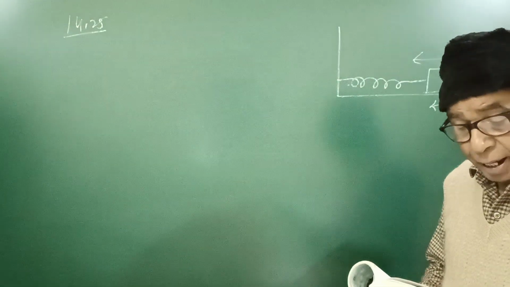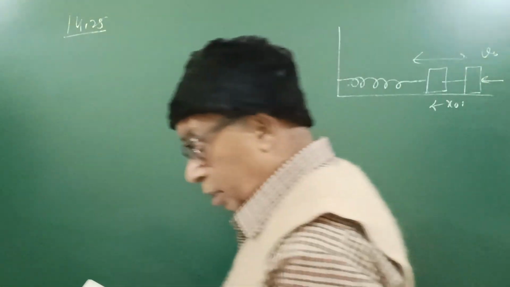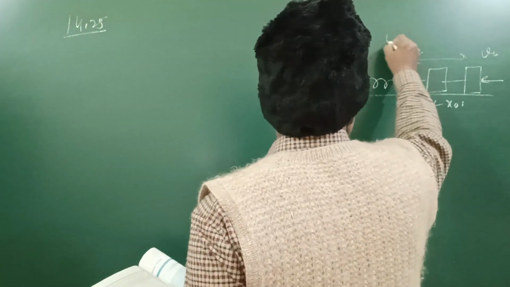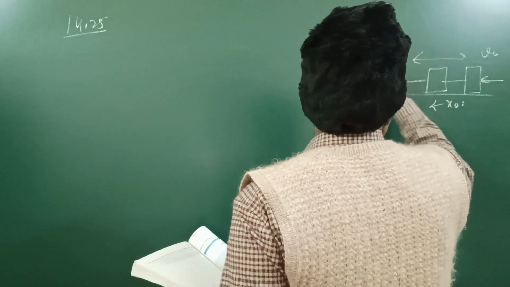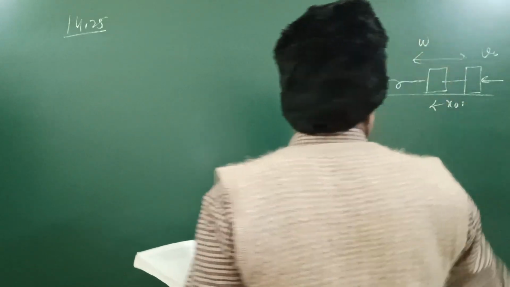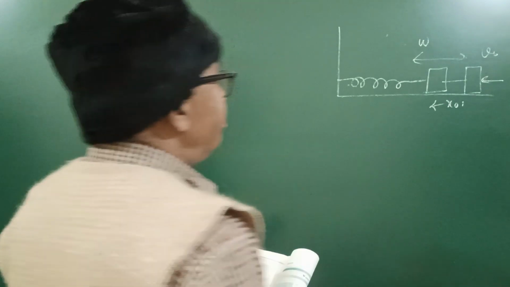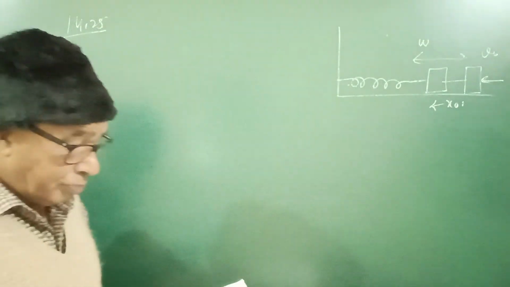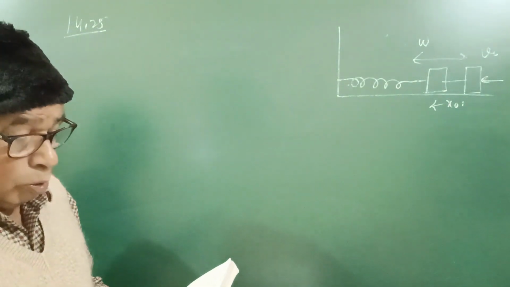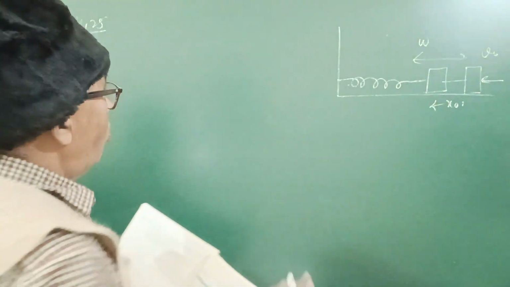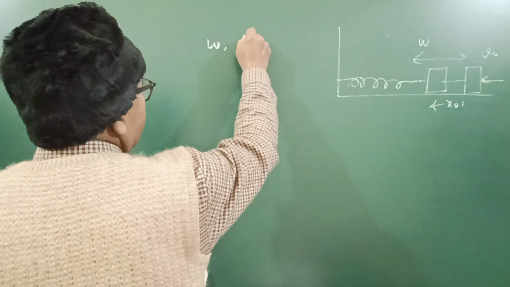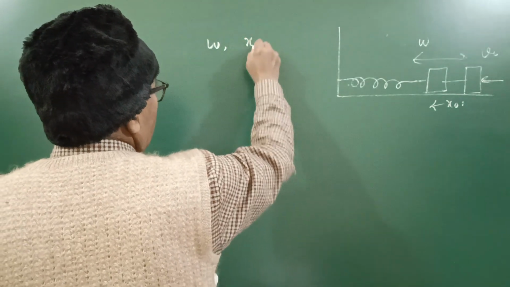To determine the amplitude, angular frequency is omega. This is x0. Omega the angular frequency. So you are asked here, determine the amplitude of the resulting oscillation in terms of omega, x0 and v0.